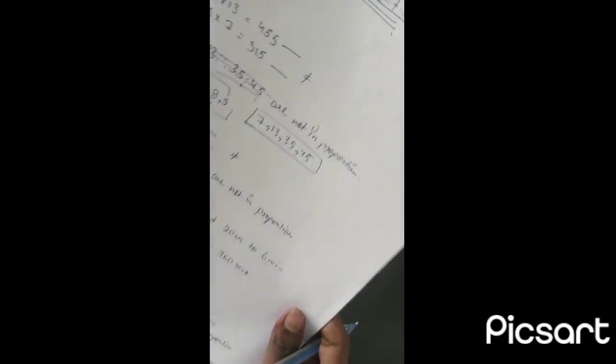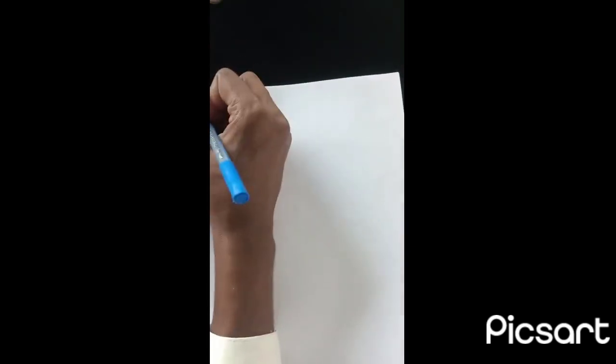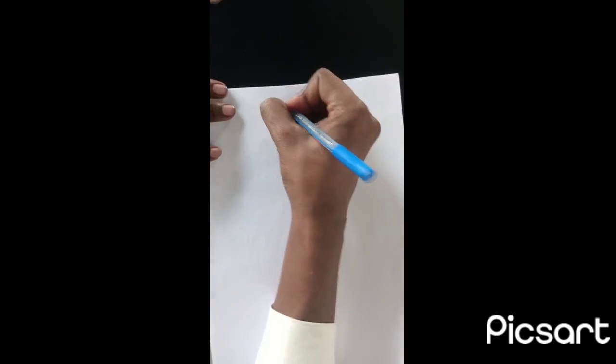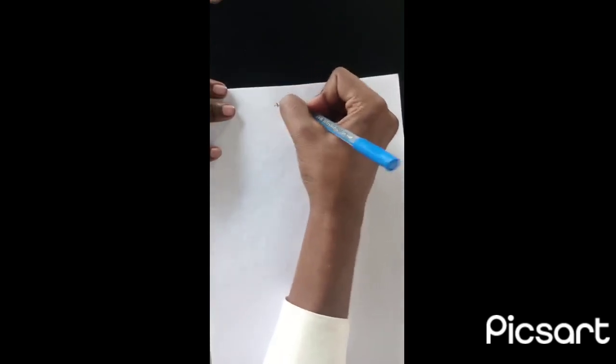Now we will be taking question number third. And one more thing, I have not told you about this proportion. This is called the third proportion, because when we solve question number third, we have to focus on this. This is the third proportion.